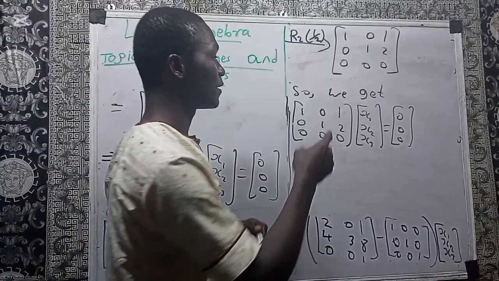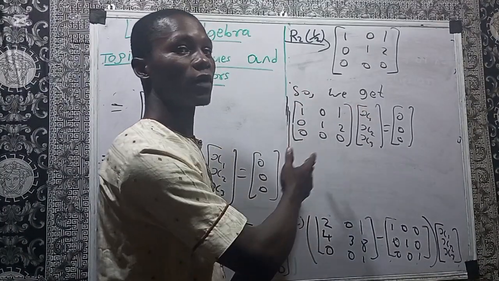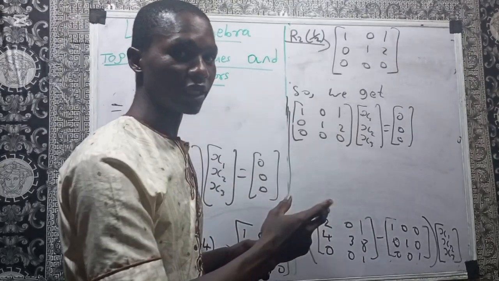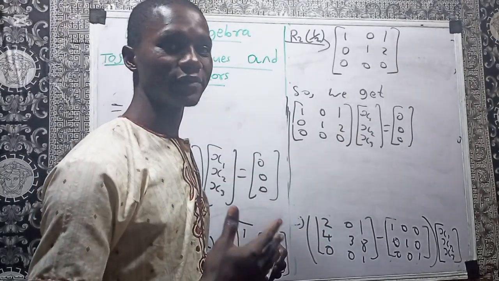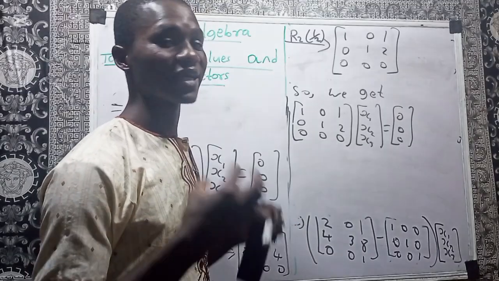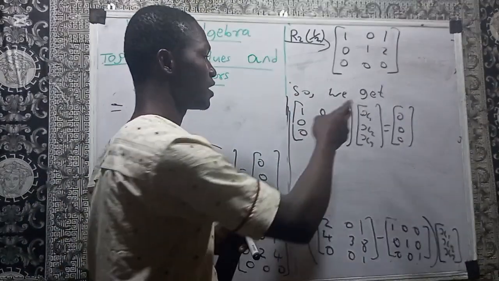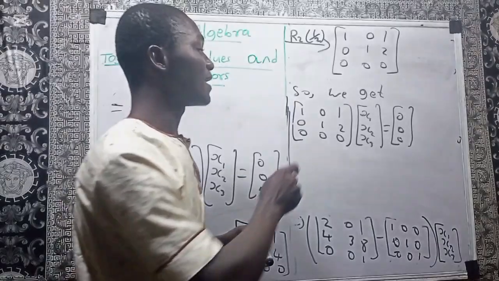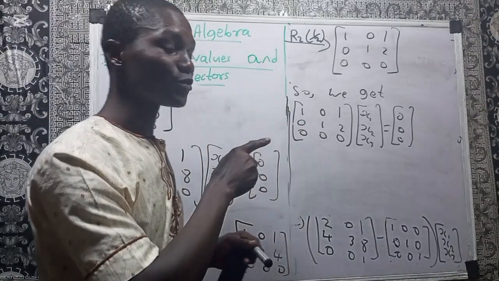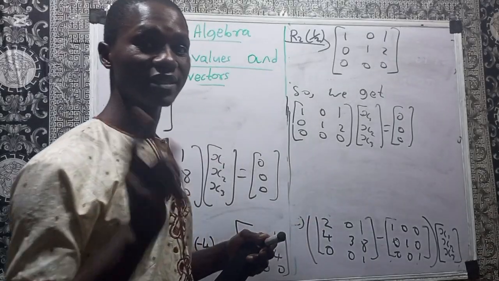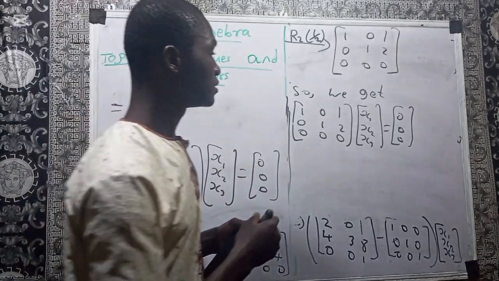So, x1 is for column 1, x2 is for column 2, and x3 is for what? Column 3. So those ones that have a leading entry of a row cannot be a free variable. x1 will not be a free variable, x2 will not be a free variable, then x3 will be a free variable because it corresponds to column 3, and column 3 does not have a leading entry of any row.